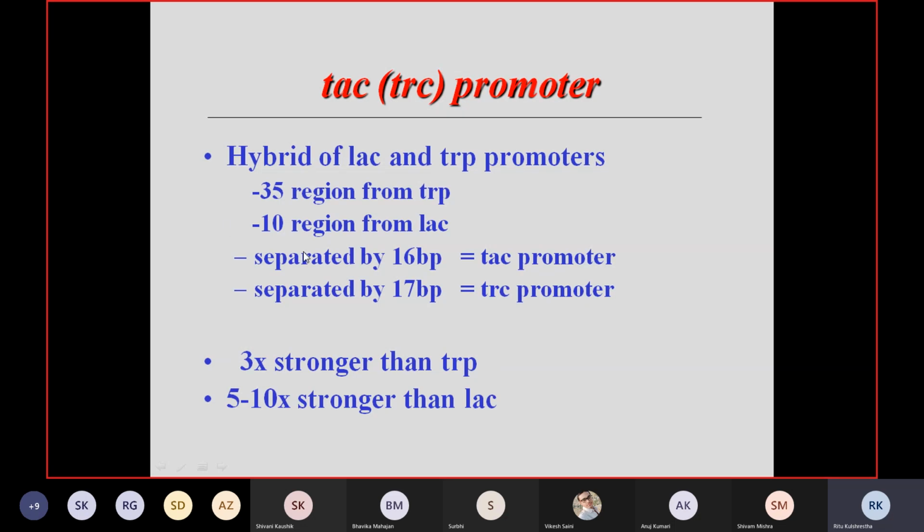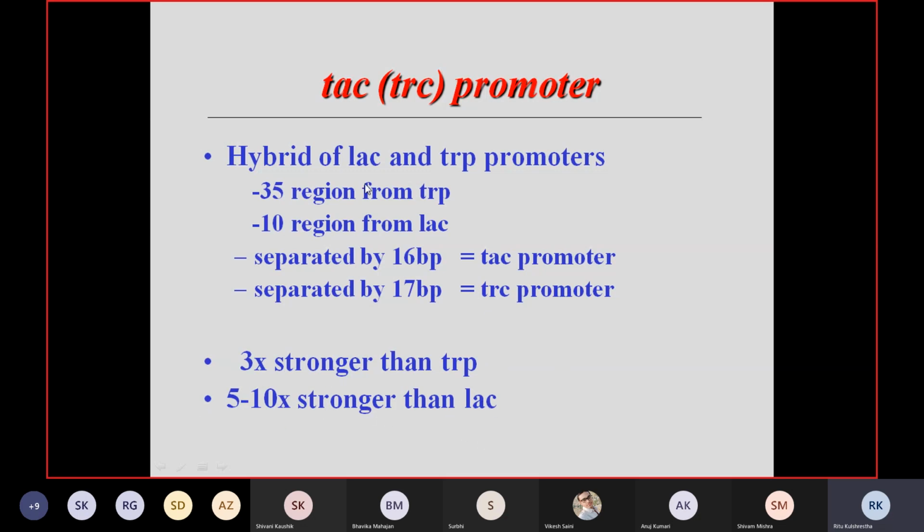I hope you know that these two are the sequences which are present in the promoters of bacterial genes. When they made this hybrid promoter, they found that the induction in the expression of genes was manifold higher than the original promoters. Let's say 3 times stronger than tryptophan and 5 to 10 times stronger than lactose.